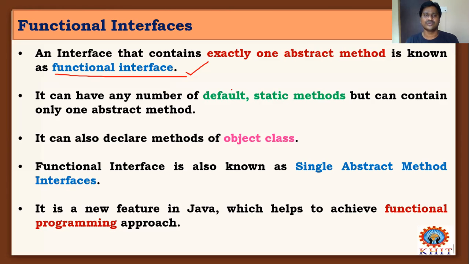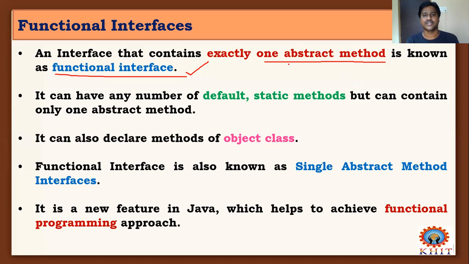Generally, you are allowed to create many abstract methods in a declared interface. But here, specifically from the functional interface point of view, exactly one abstract method is allowed. It means that when we define only one abstract method, only one function is to be performed by that interface.